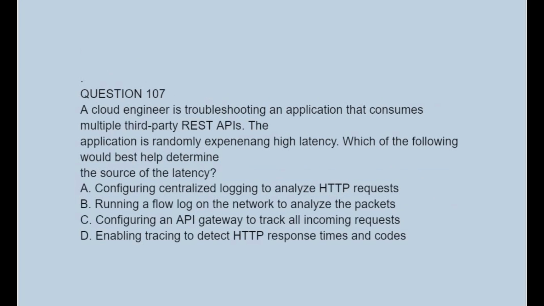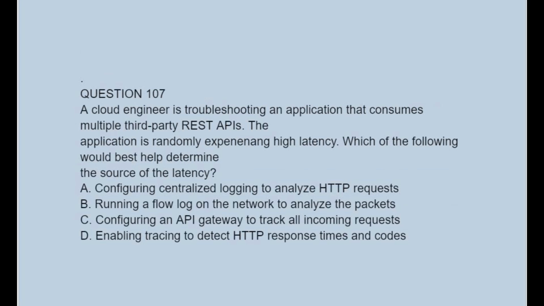Question is, a cloud engineer is troubleshooting an application that consumes multiple third-party REST APIs. The application is randomly experiencing high latency. Which of the following would best help determine the source of the latency?